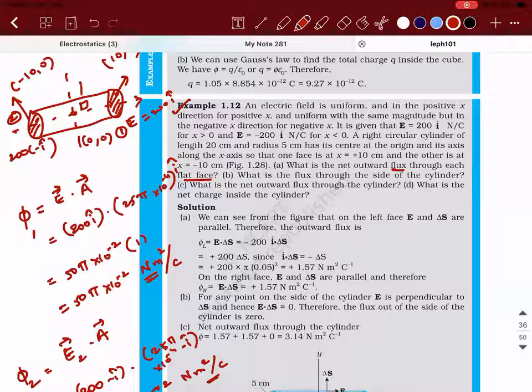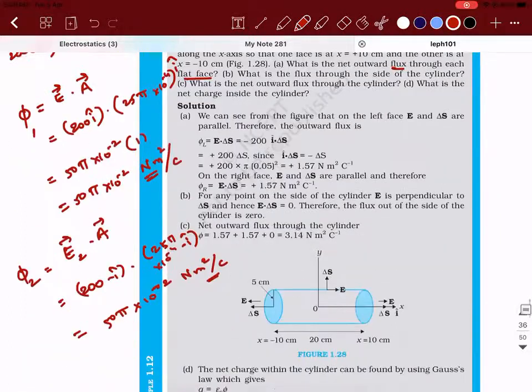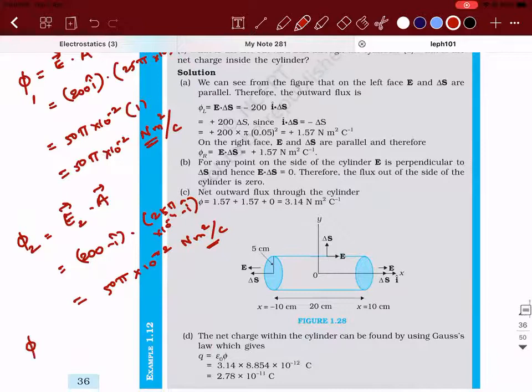It is perpendicular to the electric field. Are you guys able to visualize what I'm trying to say? If there is a curved surface, the area vector will be perpendicular and the electric field is in the x direction. So they both are perpendicular to each other. Hence, the flux through the curved surface is equal to 0. So EA cos 90, which is going to be 0.